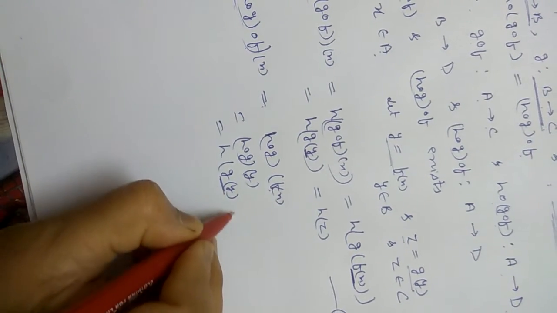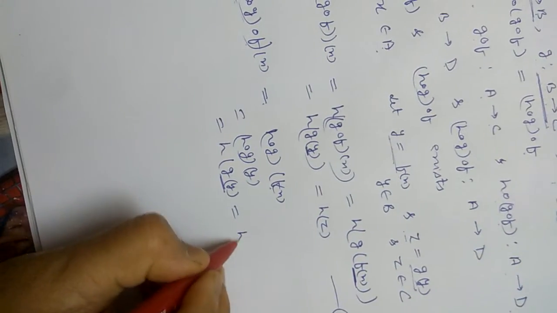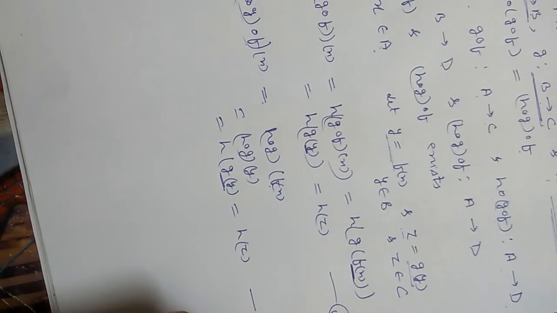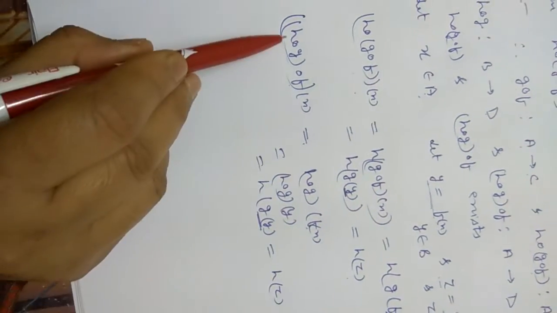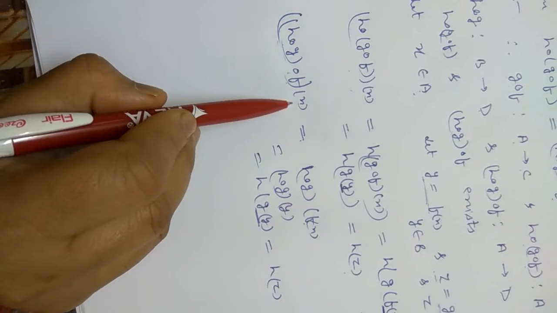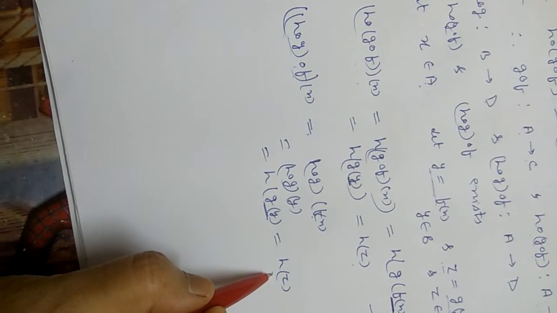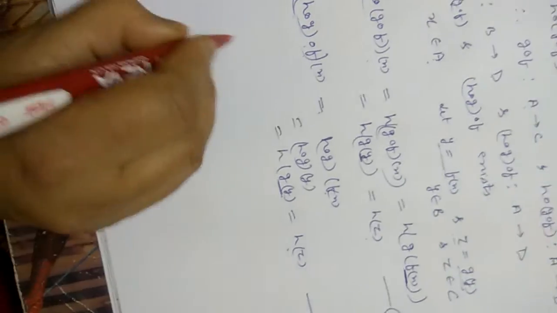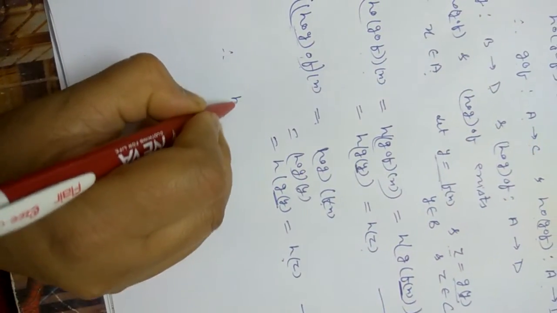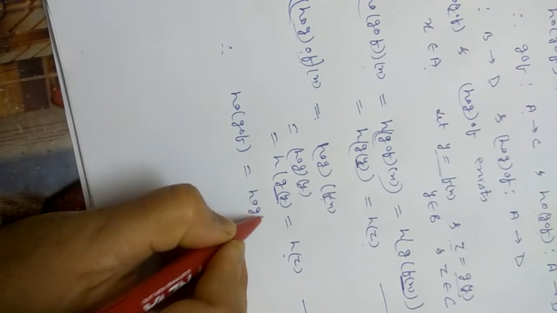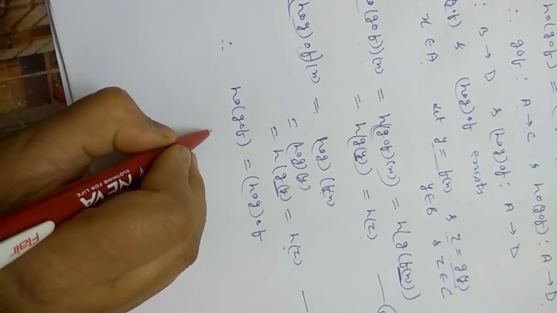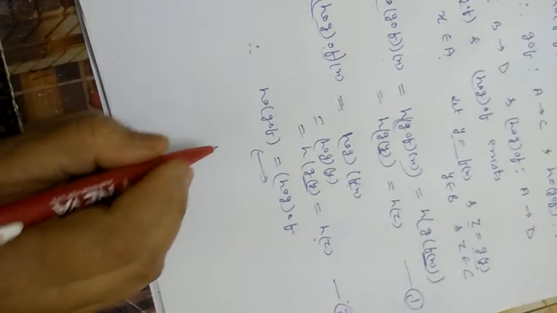What is g(y)? g(y) is z, and therefore it becomes h(z). From 1 and 2, we can say h∘(g∘f)(x) is equal to h(z), and (h∘g)∘f(x) is equal to h(z). From 1 and 2, we can say that h∘(g∘f) is equal to (h∘g)∘f. This is the first property.